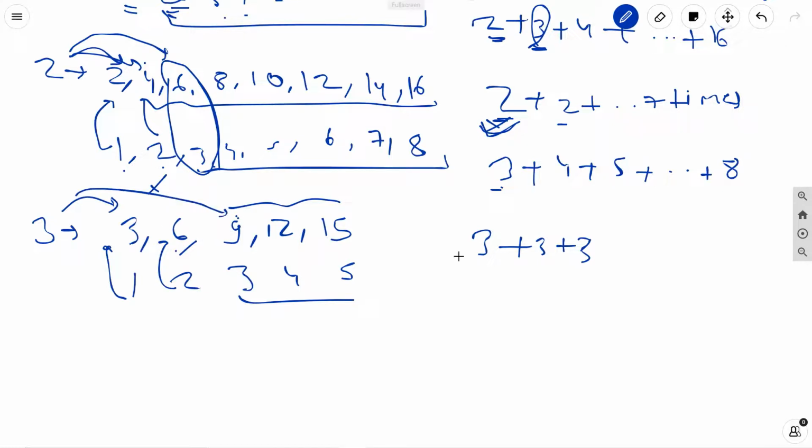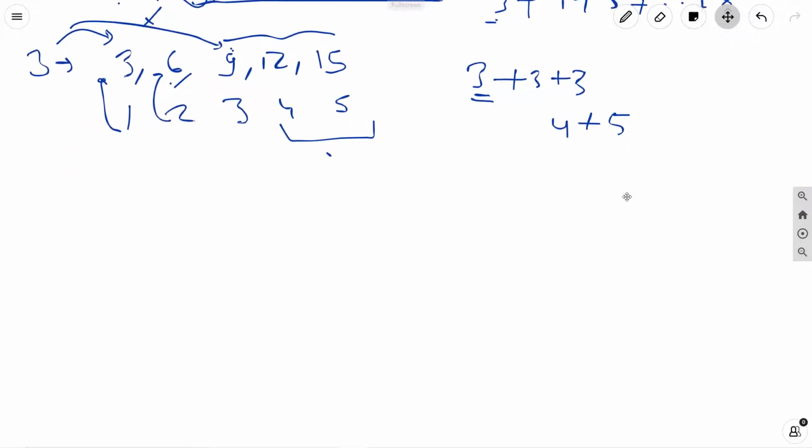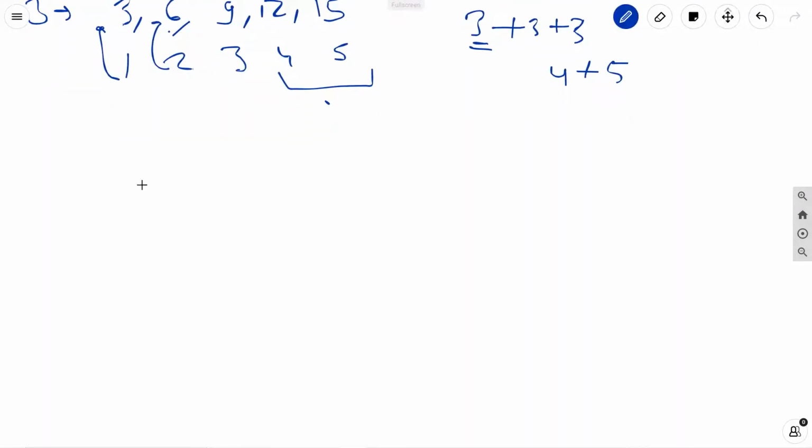So basically we have to just take into account this part only. So 4 and 5, this 4 and 5 we can add.